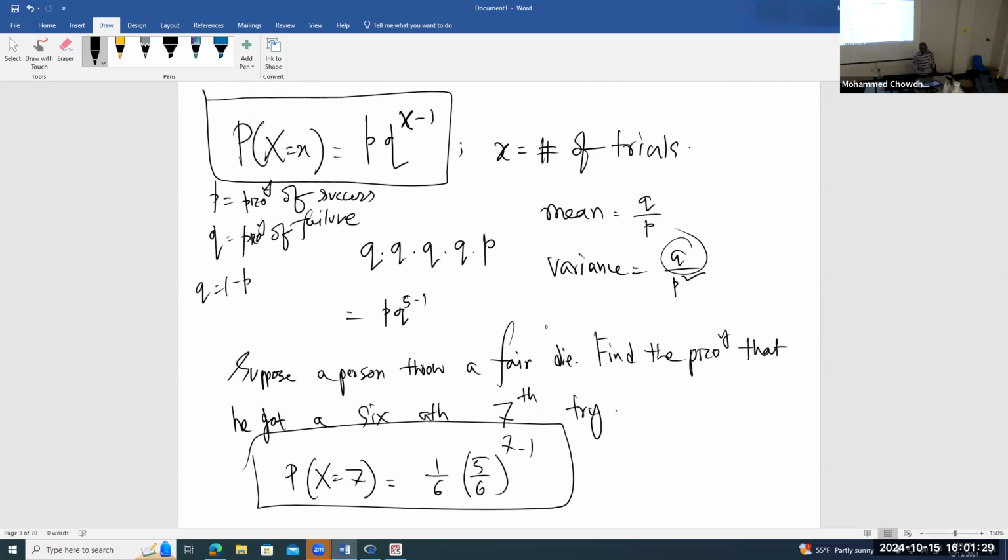A person, find the probability that he got a 6 at the 7th try. So probability of getting a 6 is 1/6, right? And probability of not getting a 6 is 5/6. Do you understand why 5/6? So that's the answer.